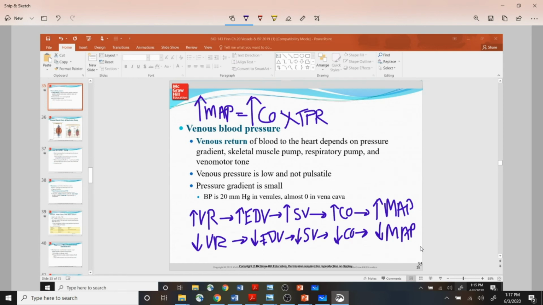Venous pressure is low, it's not pulsatile like arterial pressure. It doesn't have a pumping mechanism like the heart. Well, how do I get it back? Well, I depend on three things. The pressure gradient is not significant, but the skeletal muscle pump, the respiratory pump, and something along the autonomic nervous system called venomotor tone. Let's look at those.